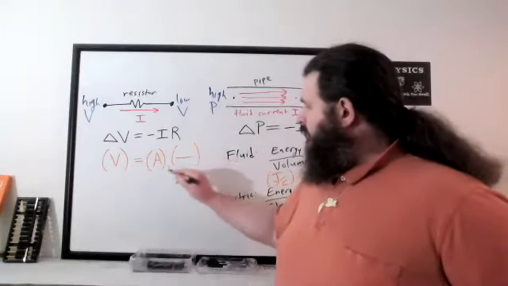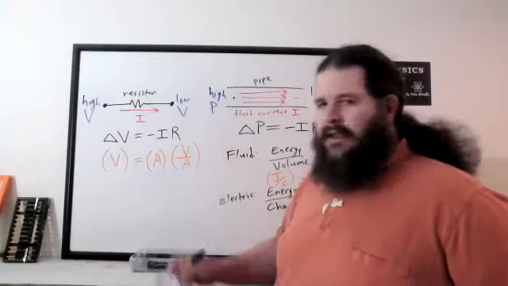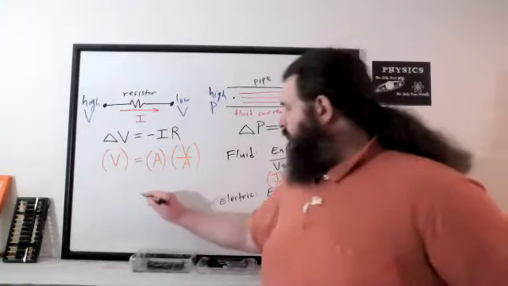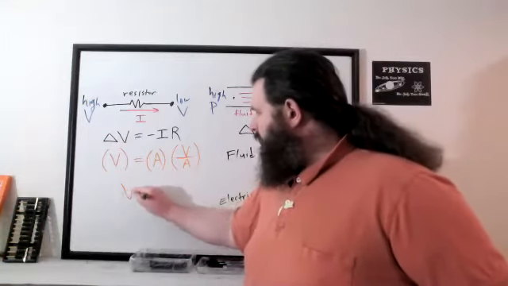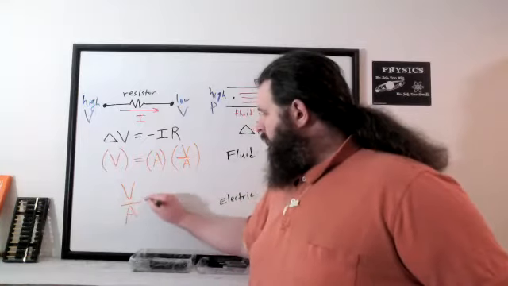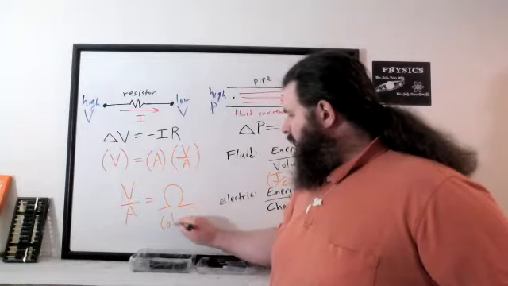Yeah, in order for this to fit together, resistance has to be measured in volts per amp. And we abbreviate that as ohms. So volts per amp is abbreviated as the capital omega, read as ohms.